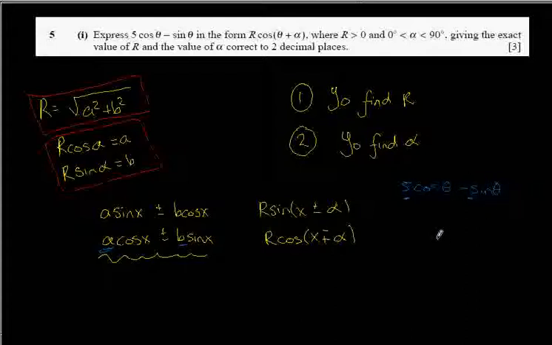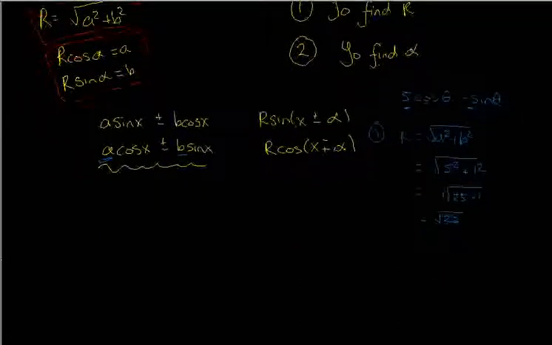So r is equal to the square root of a squared plus b squared, which is 5 squared plus 1 squared. This adds up to 25 plus 1, so r is equal to the square root of 26.